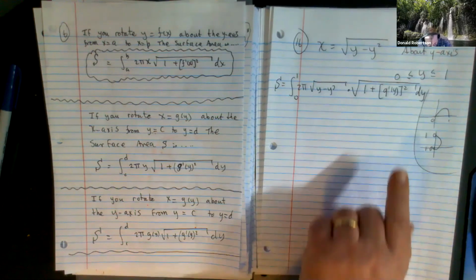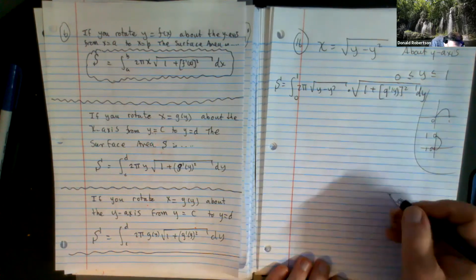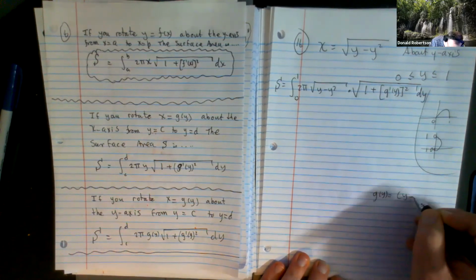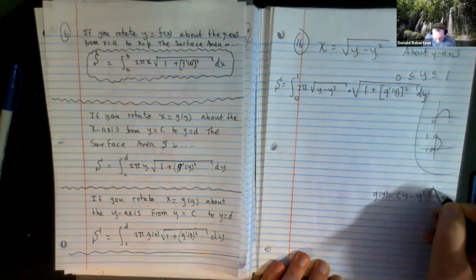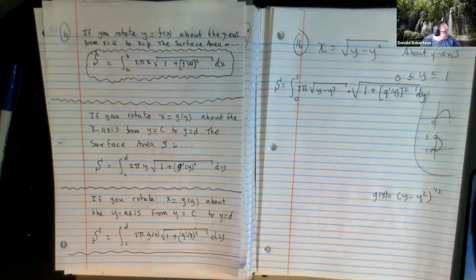Once I know what this is, don't I plug it in here and I'm good to go? Agreed? So g of y is the square root of y minus y squared. That's what g of y is.